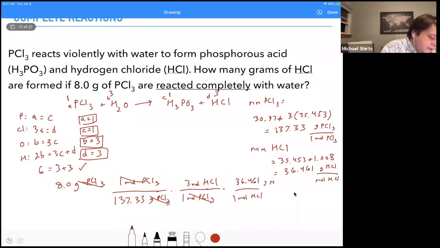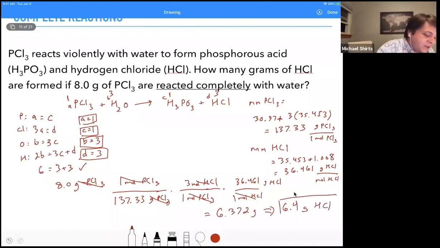So this cancels, and when we plug everything in, we get 6.372 grams of HCl, but there are only 2 significant digits because we only knew that there was 8.0 grams to begin with. So we would round that to 6.4 grams of HCl.